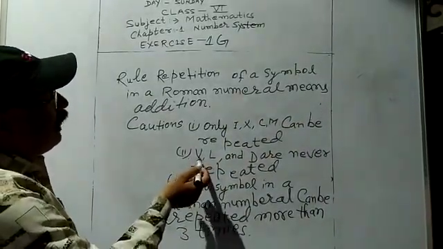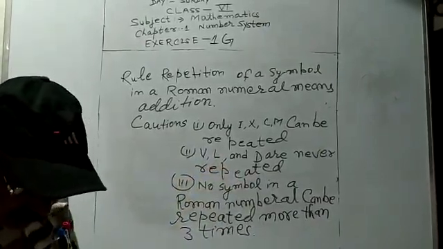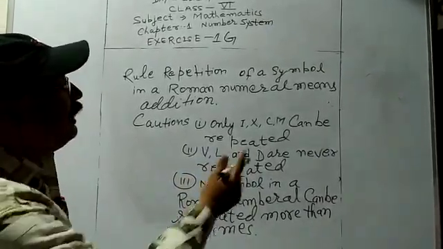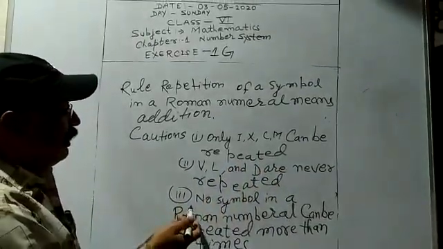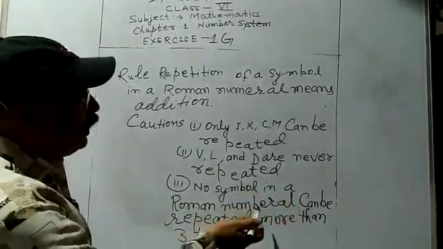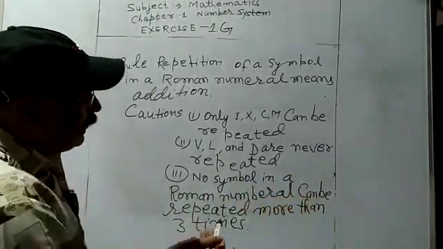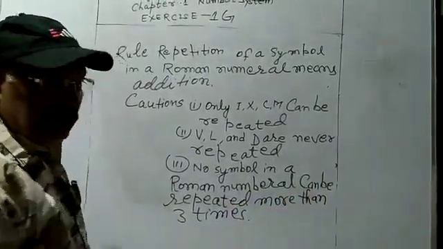Second, 5, 50 and 500 are never repeated. Third, no symbol in a Roman numeral can be repeated more than 3 times.